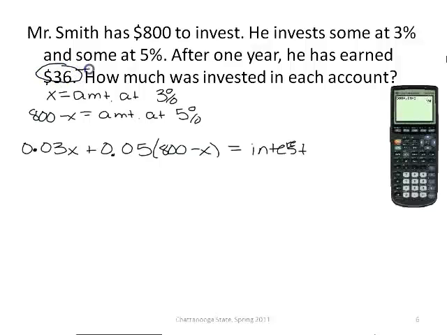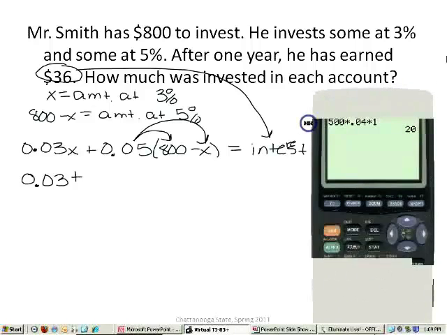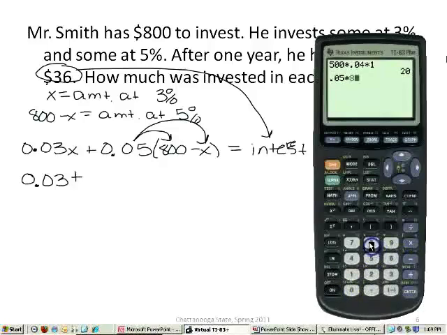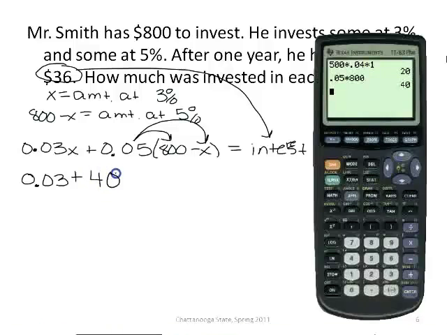But it tells us we get $36 in interest. So I get an equation, 0.03x plus, let me go ahead and distribute this 0.05 times 800 gives me 40 minus 0.05x, equals my 36.